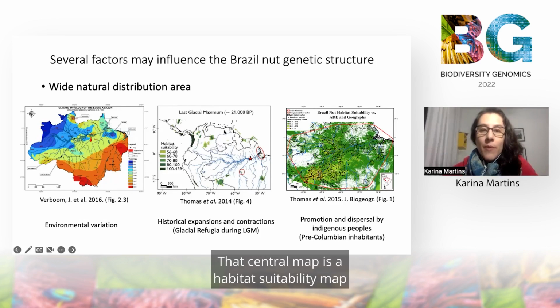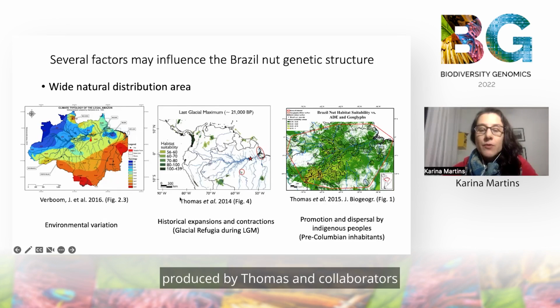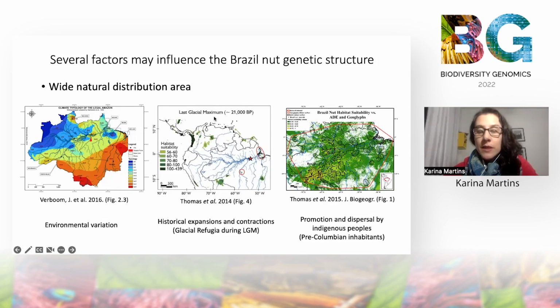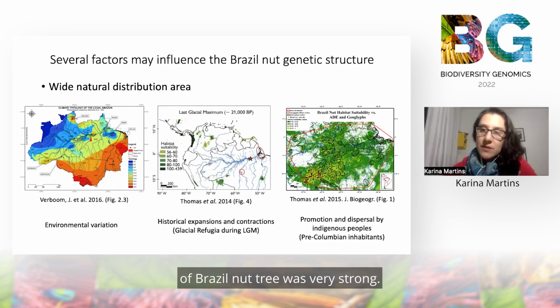In that central map is a habitat suitability map produced by Thomas and collaborators, and it shows the suitability of Brazil nut during the last glacial maximum, and it shows that the contraction of populations of Brazil nut tree was very strong.